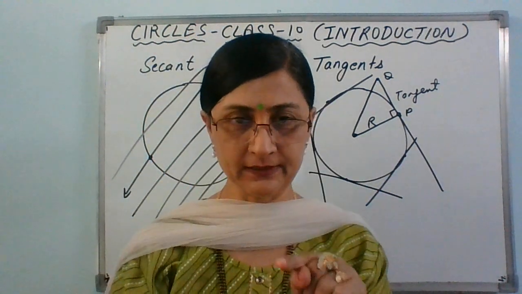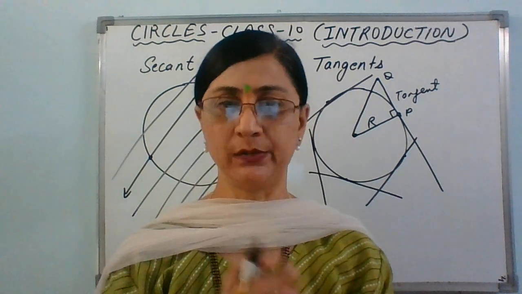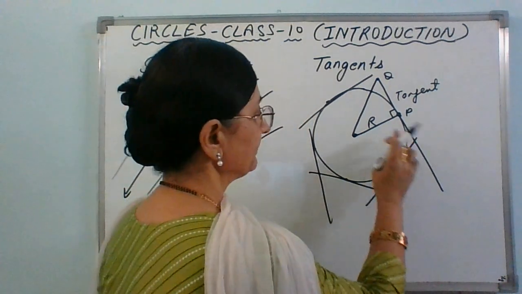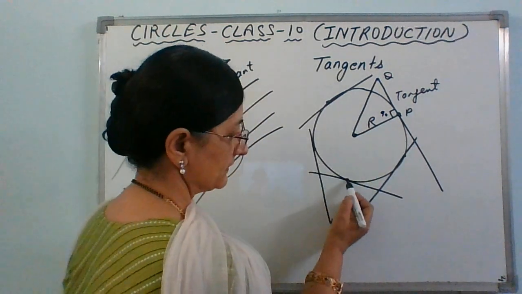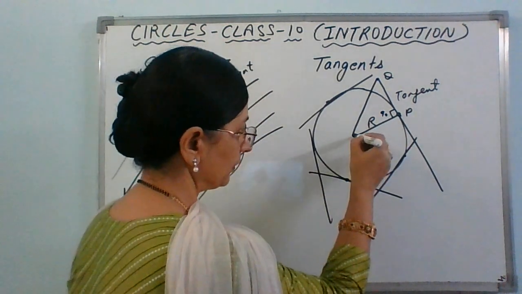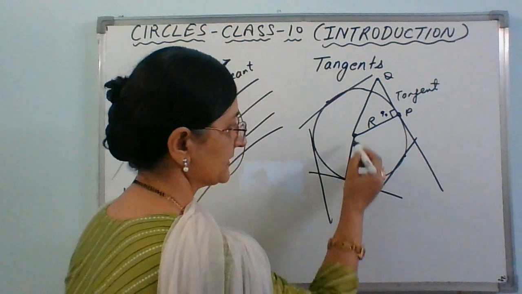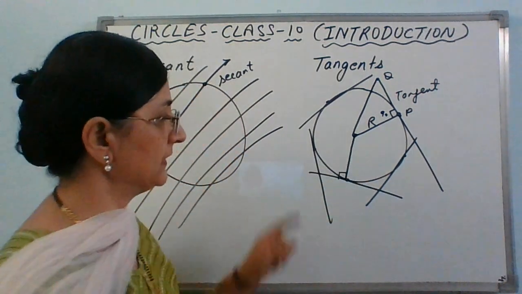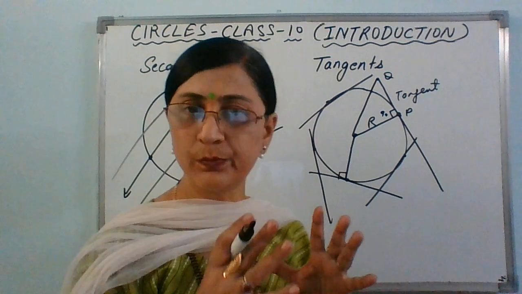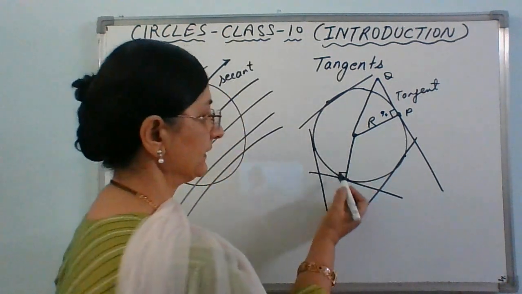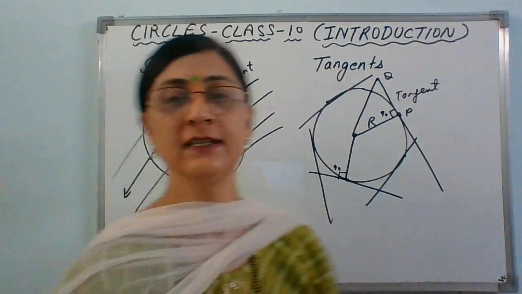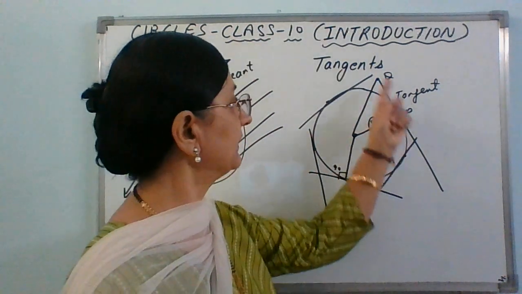If you draw the radius and the tangent, they are perpendicular to each other. So here it is 90 degrees, at the point of contact of the tangent and where the radius meets.